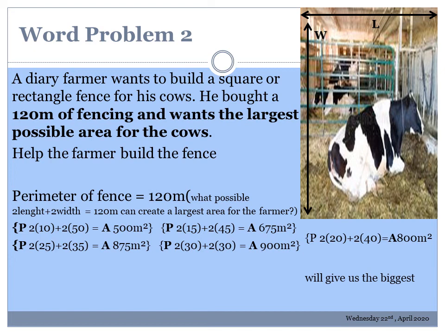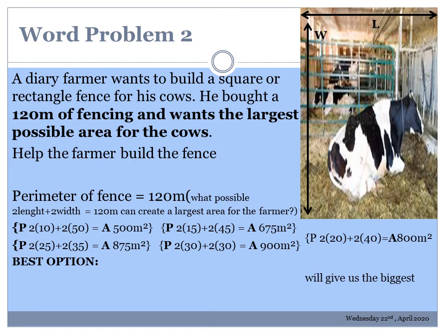I think this then must be the best option for the farmer to fence the farm, because the perimeter will still be 120, but it will give the largest area. The cows are going to have a bigger area of space. So our best option is 30 length and 30 width.